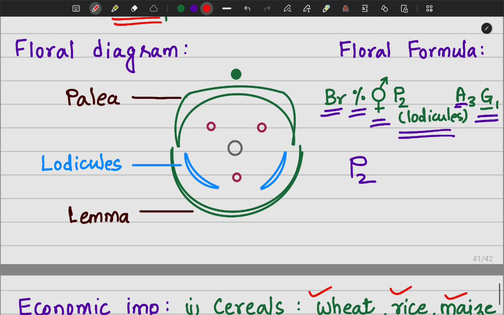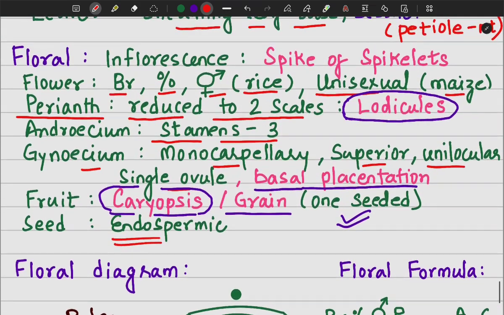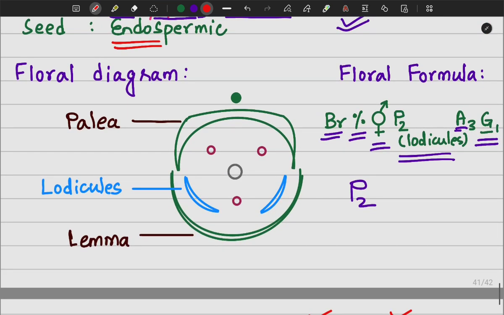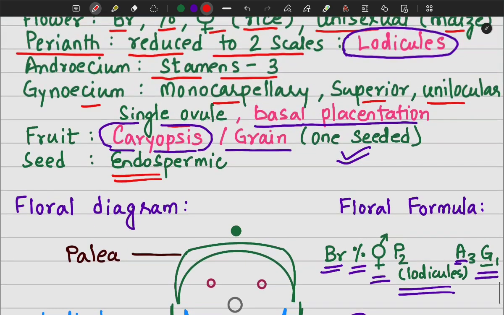So I hope floral formula, floral diagram, the important and unique terms which we studied, like the inflorescence found is spike of spikelets, the perianth is reduced to two scales called lodicules, and then in the floral diagram there will be two bracts called palea and lemma, right?